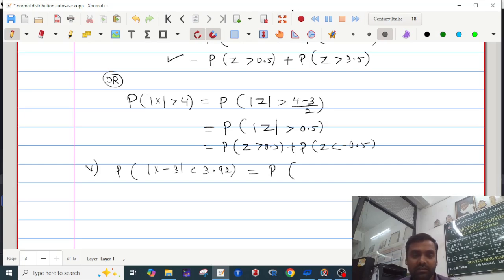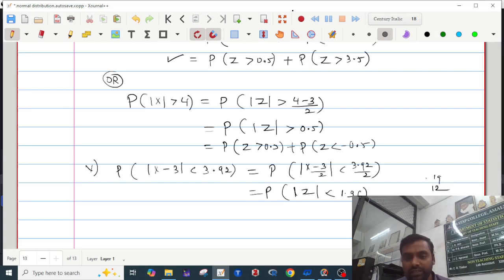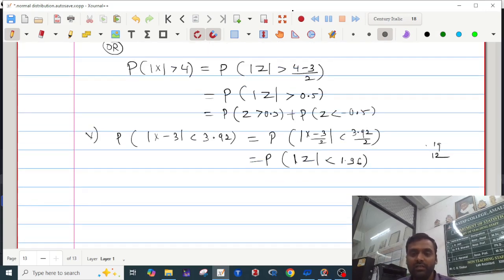Just make the adjustment. Divide this by 2. This is mod z less than 3.92 upon 2, that is 1.96.